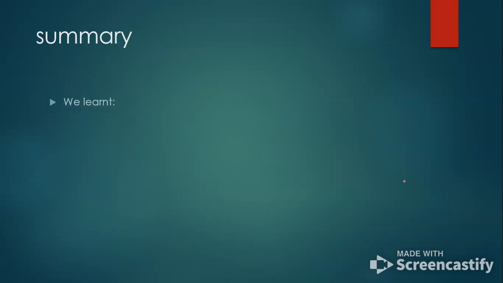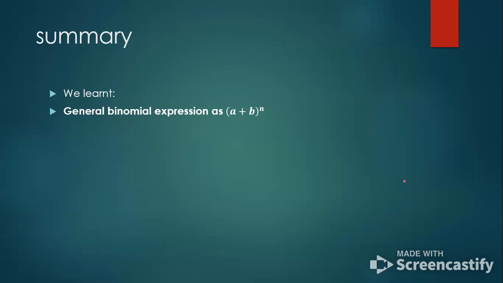So in summary, this is what we've learned today. Who can go through what we've learned today? We've learned that a binomial expression is expressed as a plus b raised to power n. Yes, another person, what have we learned? Pamela, what have we learned today?